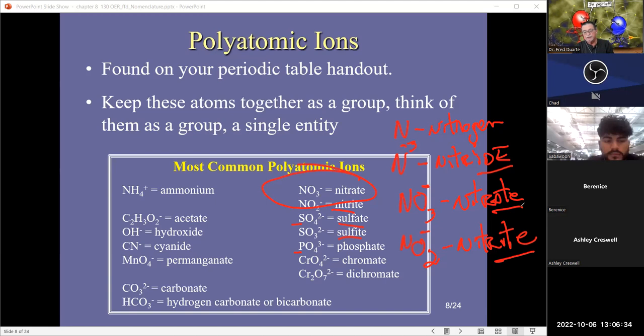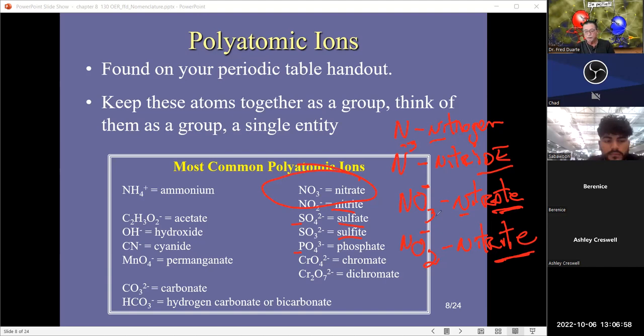The moment you read the ATE or the ITE, and the prefix starts with nit, Ni for coming from nitrogen, that should tell you it's nitrogen attached to oxygens.